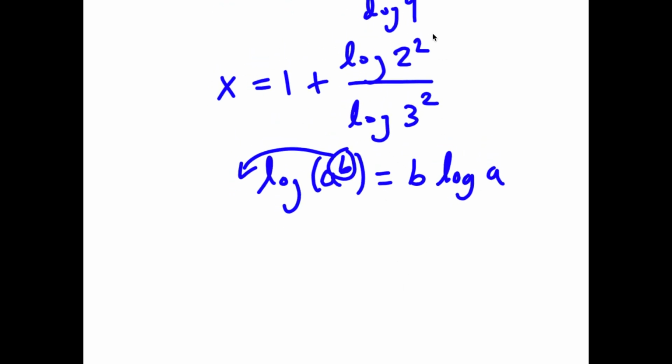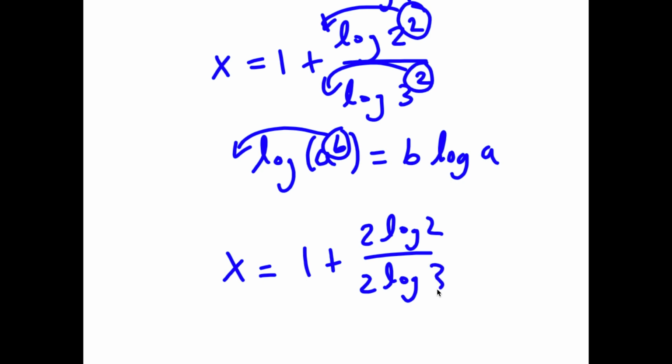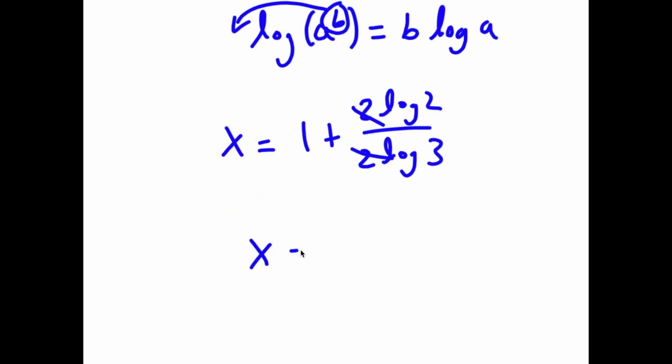So now I can move 2 to the front for this, and 2 to the front for this. So now I have x is equal to 1 plus 2 log 2 over 2 log 3. If I cancel these two out, I get x is equal to 1 plus log 2 over log 3.